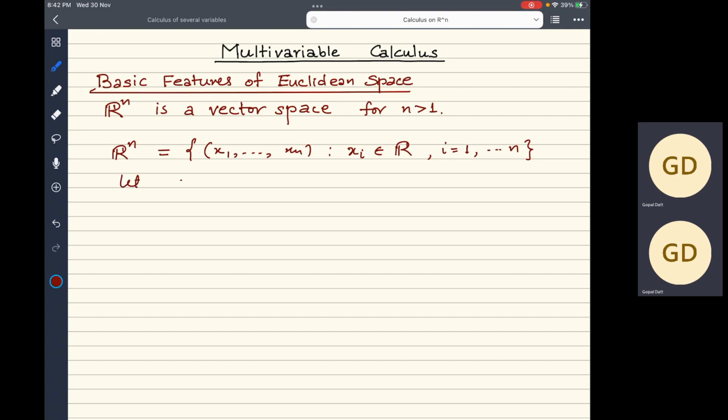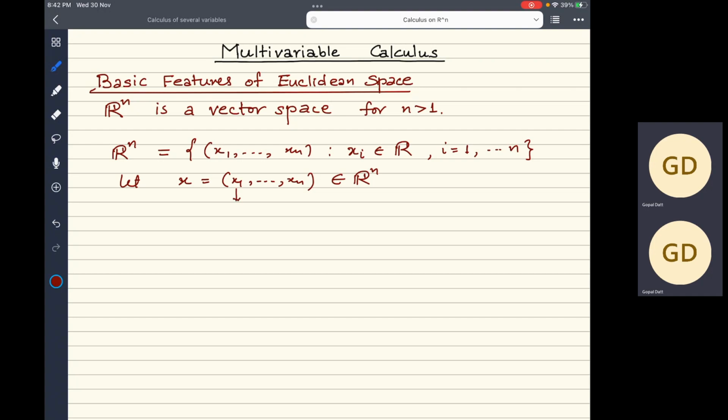Let x be an element of Rn. So this element we call a point of Rn, or sometimes we call it a vector in Rn.